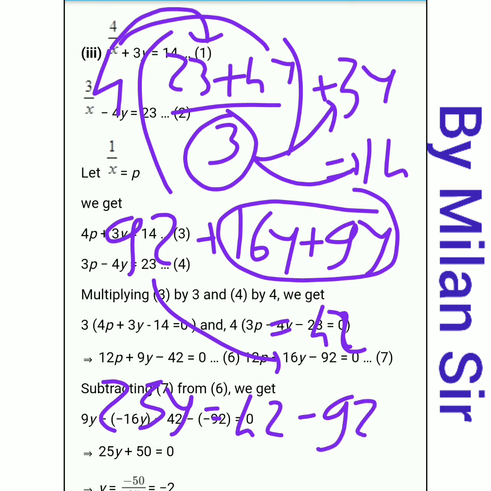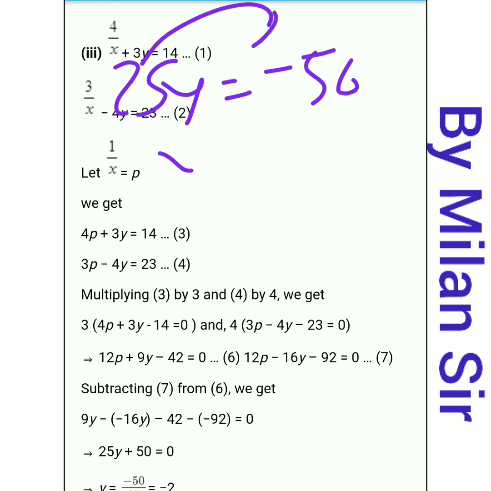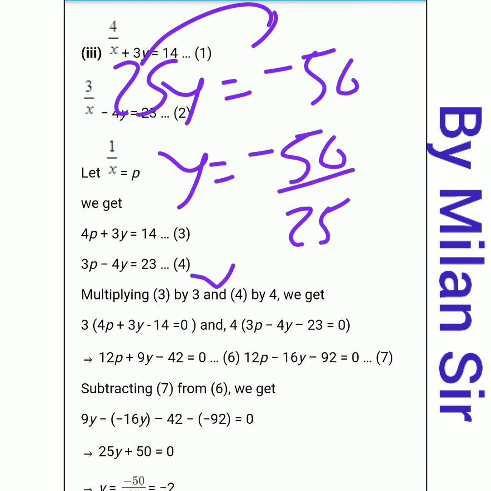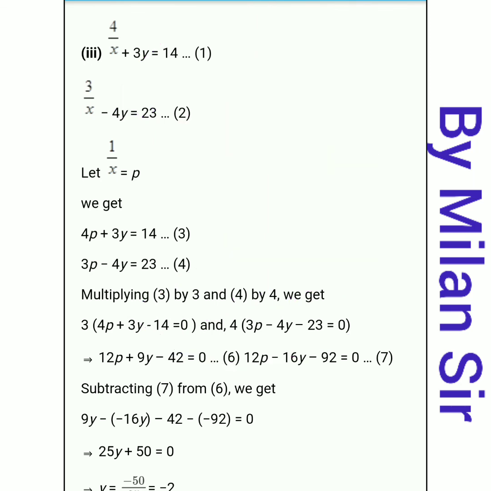Okay, now 42 minus 92, plus minus minus, 92 minus 42, it is 50, and the big number sign, it is negative because 92 has a negative sign. So 25y is equal to minus 50. Now transfer this 25 to the right hand side, it goes to the denominator. Okay, so y is equal to, 25 2s are 50, so minus 2. y is equal to minus 2.